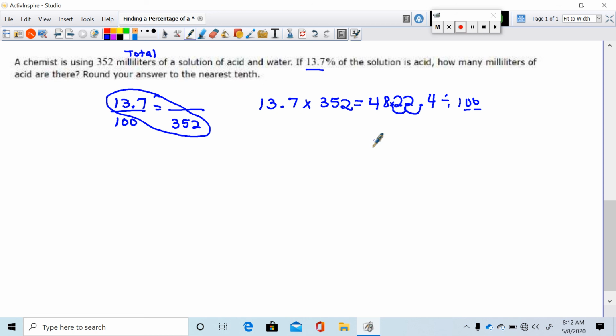It's going to be right there. So 48.224. Round your answer to the nearest tenth. Tenth has one zero, so you're looking at one number after the decimal, deciding what to do with that. Since the number next to that is less than 5, you're going to just leave it alone. So 48.2 milliliters of acid.